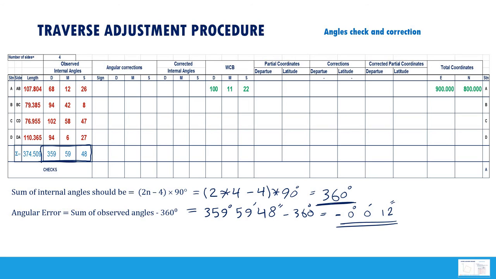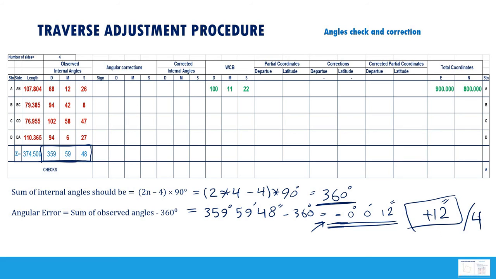So now we need to distribute this error value. Okay, guys, so always use the opposite sign to do the corrections. When we measured four angles, we made an error of minus 12 seconds, as you can see here. This is the error, so the correction would be plus 12 seconds. We are going to add 12 seconds to correct this error. And because we measured four angles, we are going to distribute this number by 4.